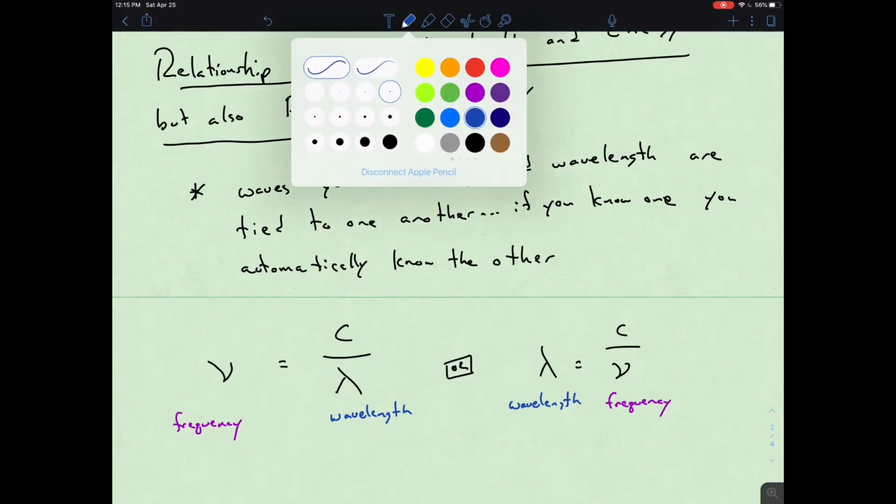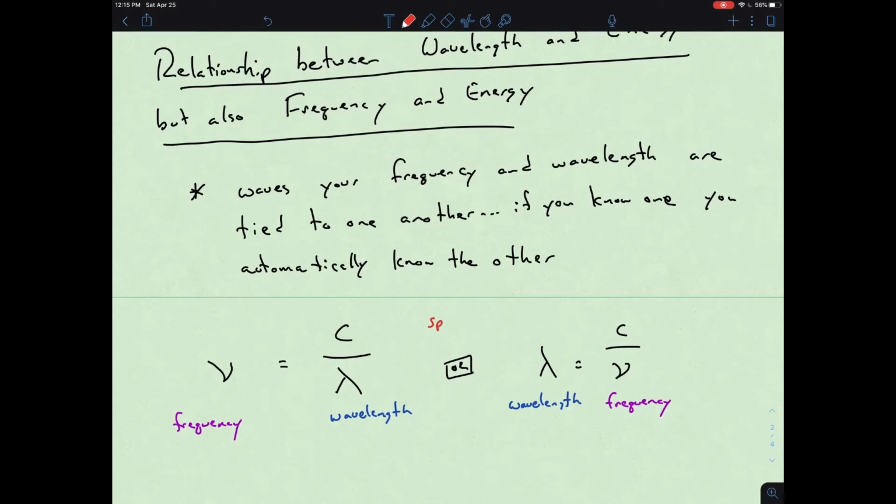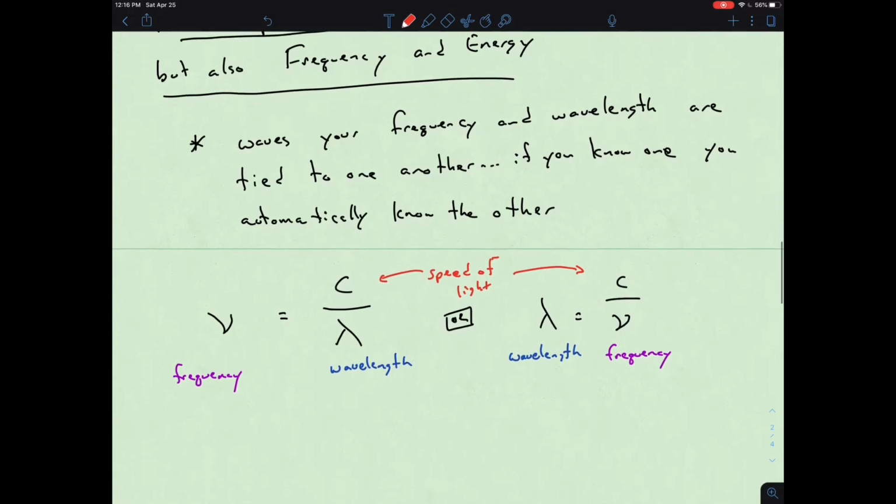And then between the two, we have the speed of light. So that allows us to go between one and the other.